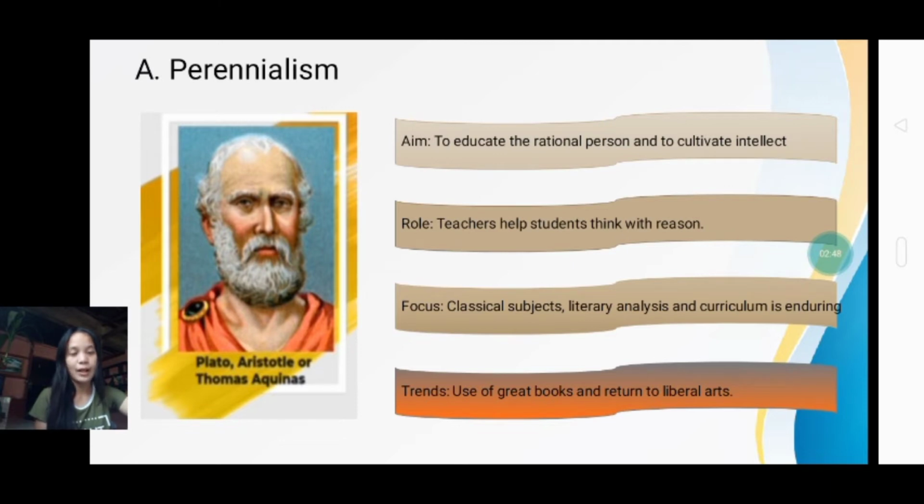The role of education: teachers help students think with reason and critical thinking. The focus in the curriculum is classical subjects and literary analysis, and the curriculum is enduring or constant. The curriculum trend is the use of great books like the Bible, the Quran, and the classics, and a return to the liberal arts.